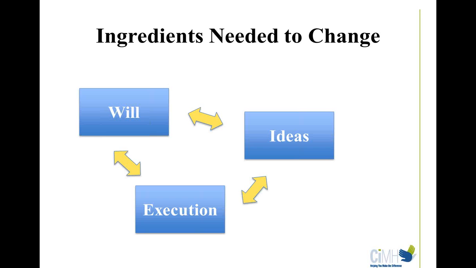And good execution of good ideas can also build will, where folks see in action a thoughtful and well-developed change that they can get behind and believe in. So part of that model for improvement is taking advantage of the cumulative effect of building will, identifying and executing good ideas. So we keep our eye on these 3 areas as we work through any kind of change activity.